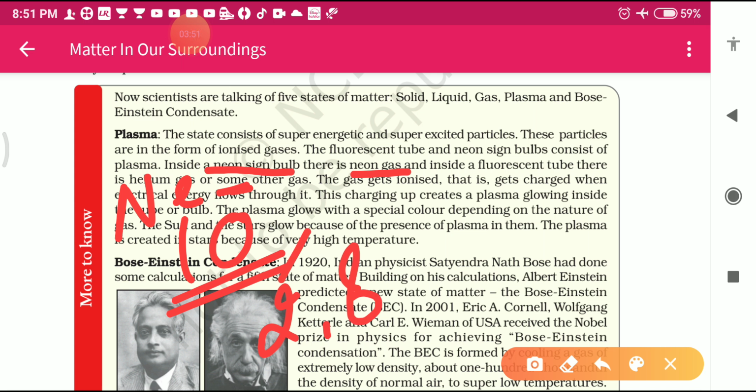It means the first shell and the second shell are complete. That's why it is called a noble gas. It does not need any electrons; it neither loses nor accepts electrons. Its second orbit is complete.